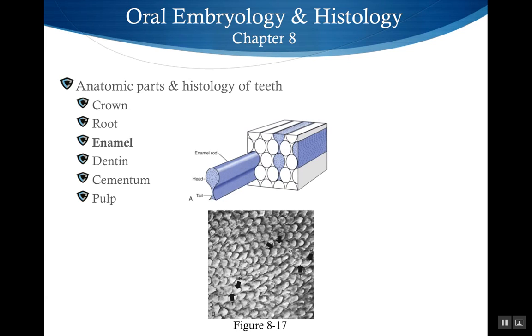Now, microscopically, the enamel is composed of millions of calcified enamel prisms known as enamel rods, and you can see that here in this figure. Those enamel rods extend from the surface of the tooth to the DEJ, and again, that dentino-enamel junction is where the enamel and the dentin meet.